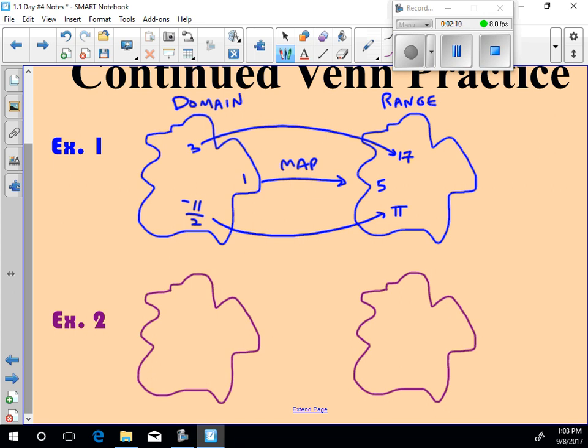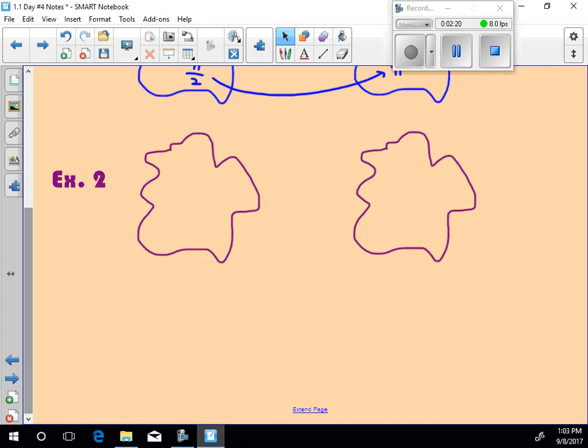That's actually also a function because it's 1 to 1. Well, what would make this become something other than a function, right? What happens? Well, the vertical line test fails. So let's come up with an example of a relation that is not a function.